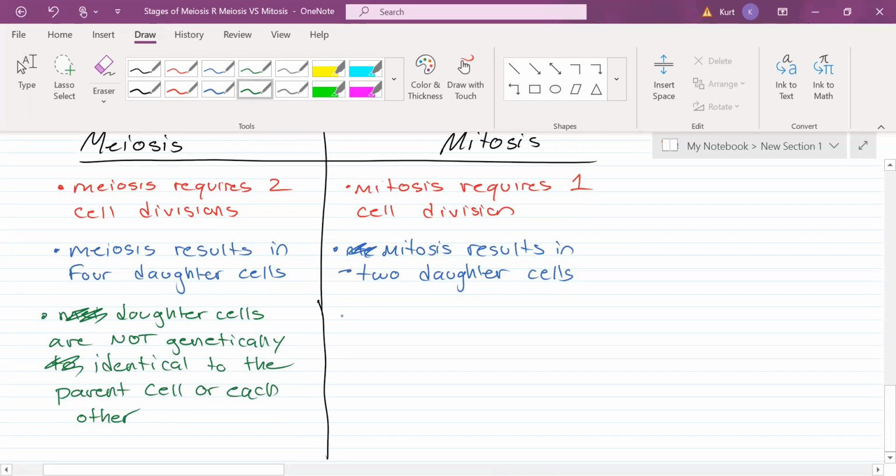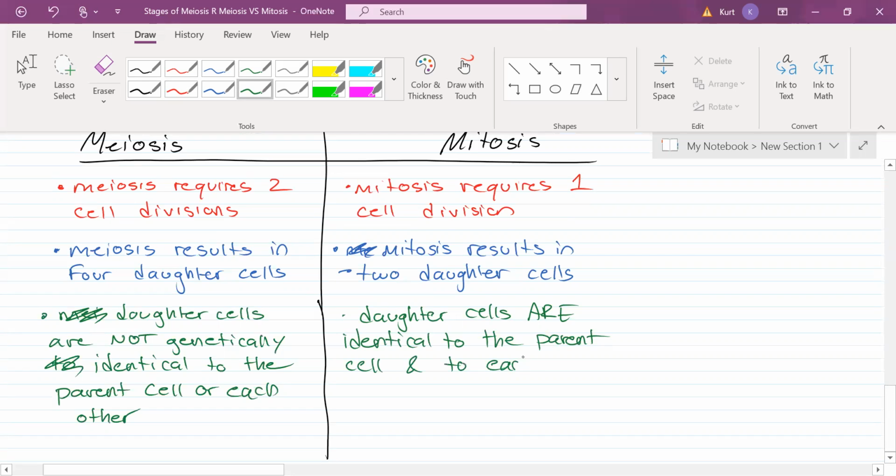And in mitosis, the daughter cells are identical to the parent cell and to each other.